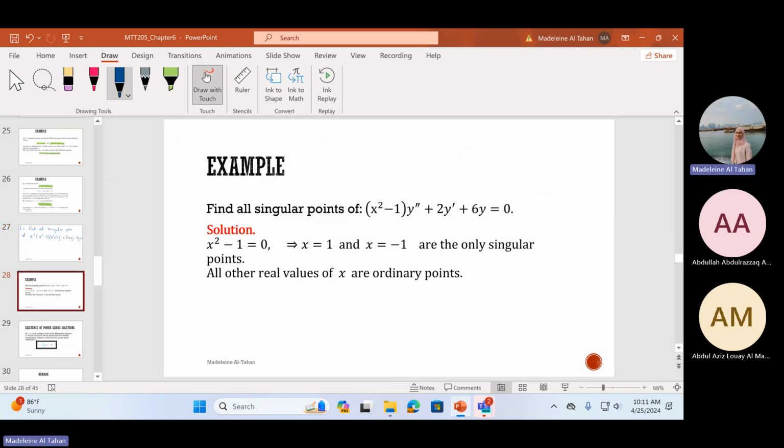We will do this example before, and then I will go back to the next one. What's the question here? They are not asking to check if a certain point is ordinary or singular. They are giving us a differential equation, and they are asking us to find all its singular points. Is this differential equation written in standard form? First, what I need from each of you is to write the equation in standard form.